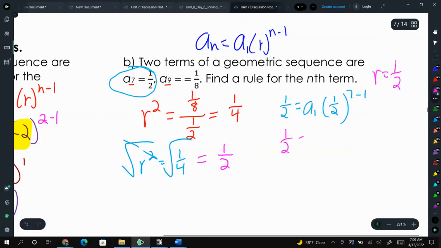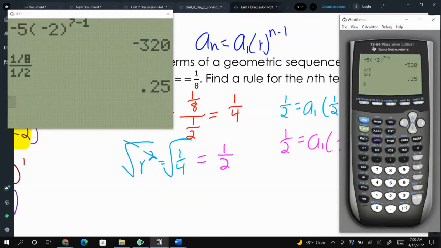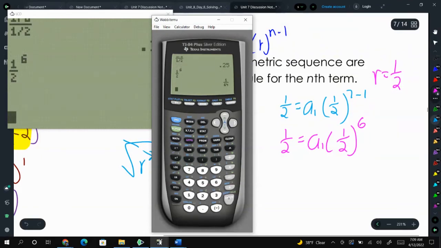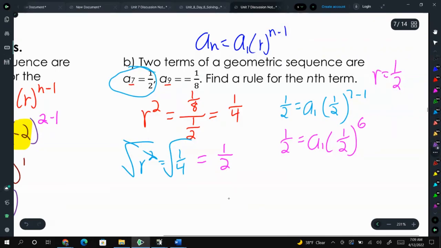So 1/2 equals a sub 1 times 1/2 raised to the 6th power. Now I'm going to type that into my calculator: 1 divided by 2 raised to the 6th power, and we get 1/64. So 1/2 equals a sub 1 times 1/64.